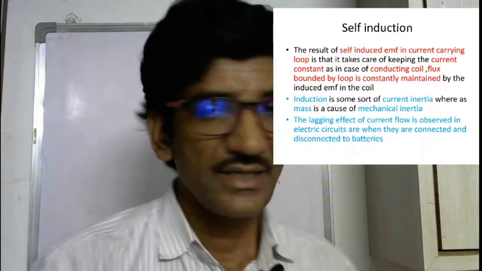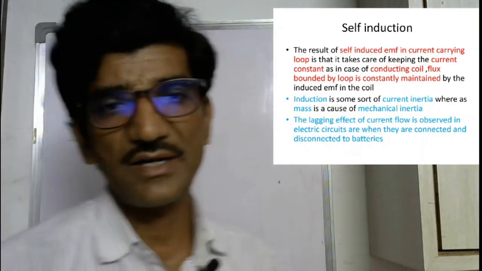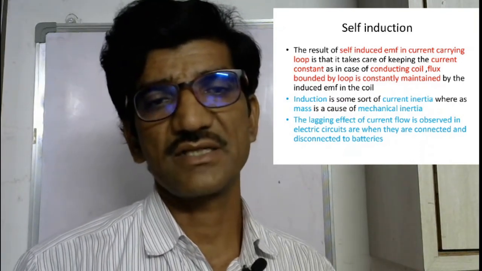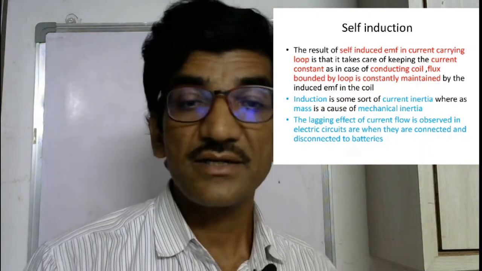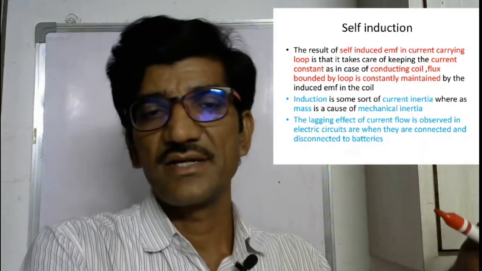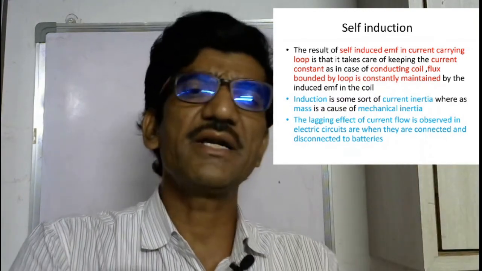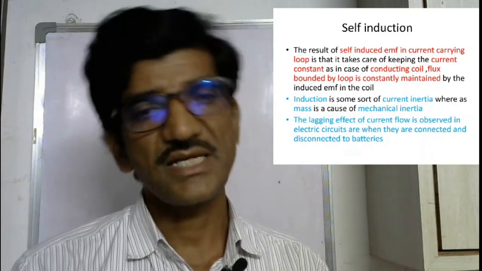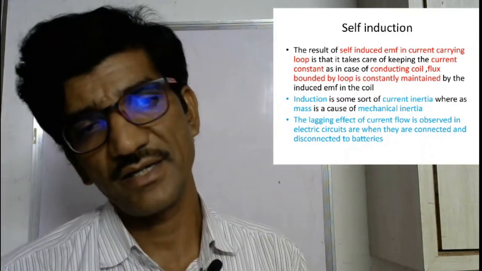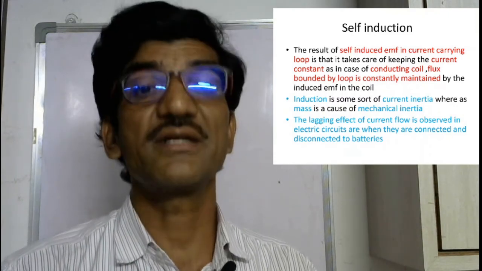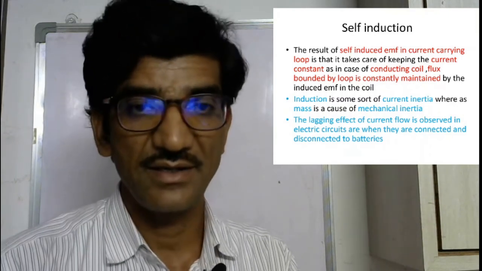Earlier, whenever you had no battery, there was no current in the conductor. That is a state of that conductor, and it tries to stay in the same no-current state. That's why you do not immediately have a surge of current in the circuit. The same thing happens when you disconnect the battery. Immediately, you should get zero current in the circuit, but that does not happen.